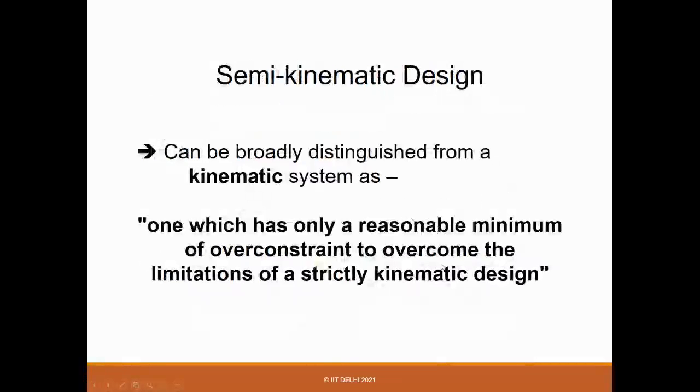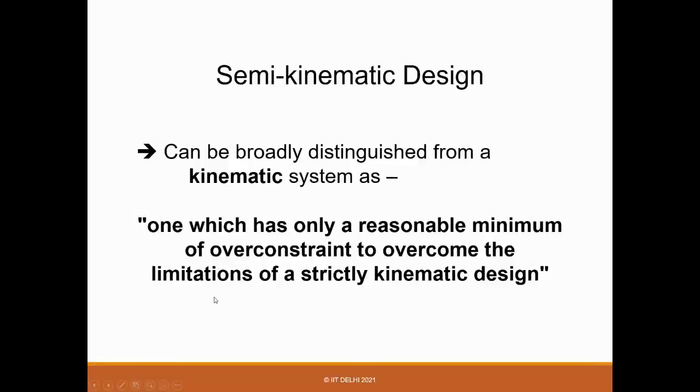What the proponents of the kinematic design principles say is that semi-kinematic is one which has only a reasonable minimum of over constraint to overcome the limitations of a strictly kinematic design. So the idea here is if you go for kinematic design and you are a purist, many times you have a limitation.